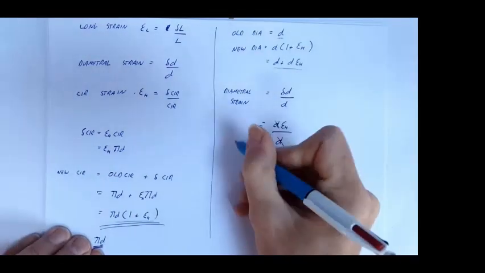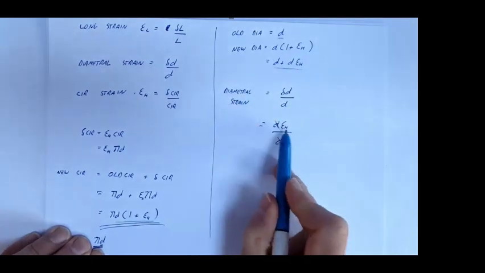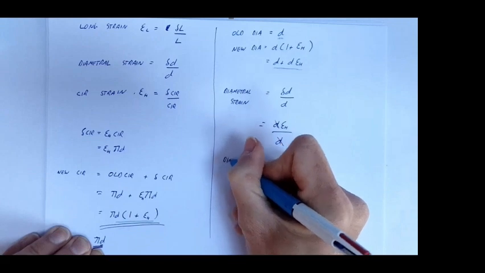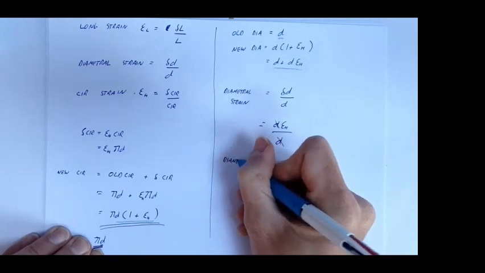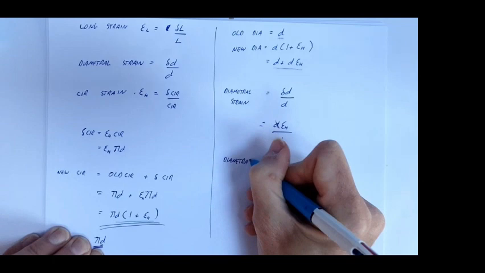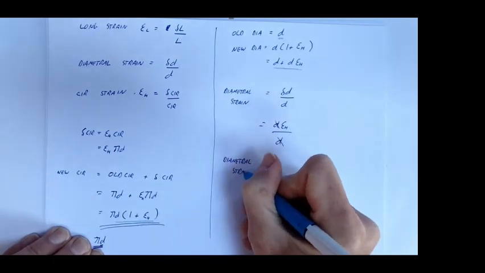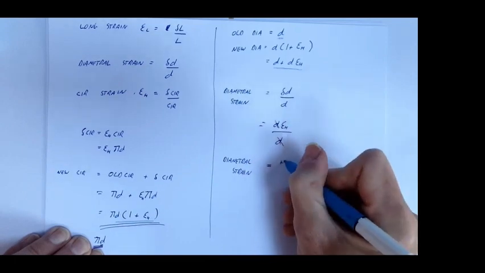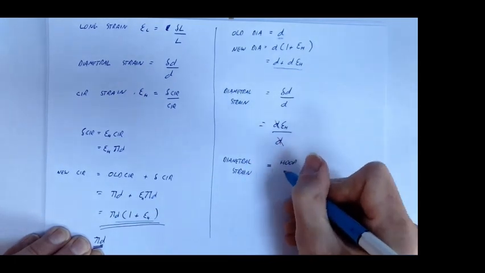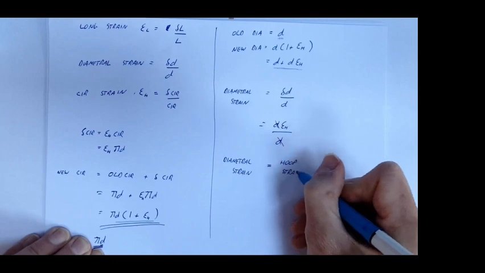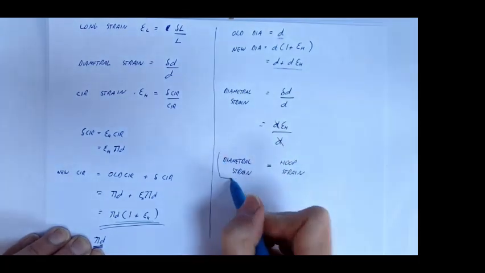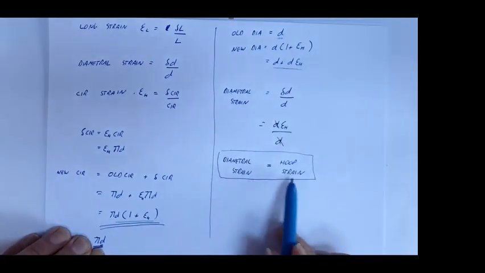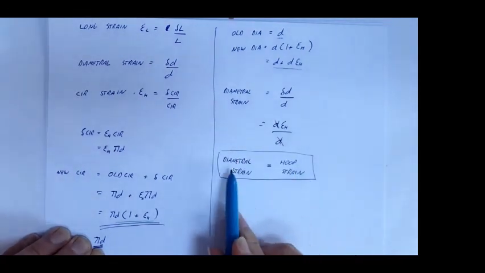What we've just said is that our diametral strain is equal to our hoop strain. Now, that's quite a significant observation, and we'll use that moving forward.